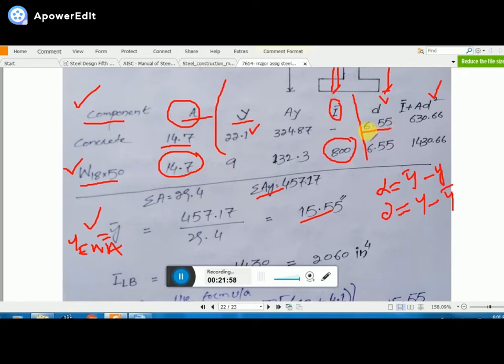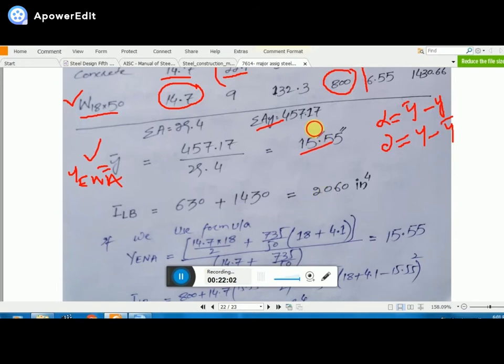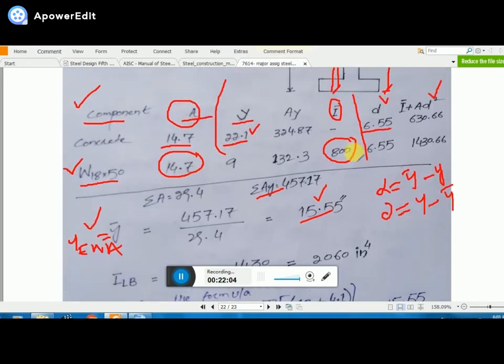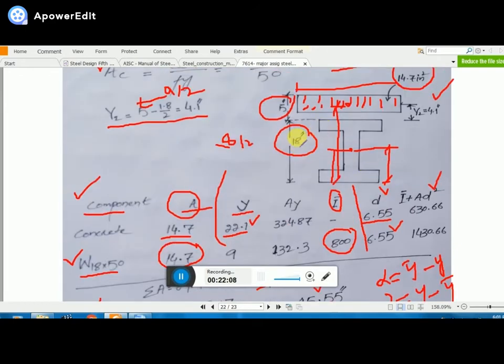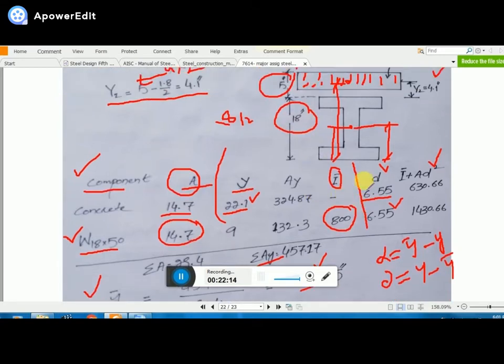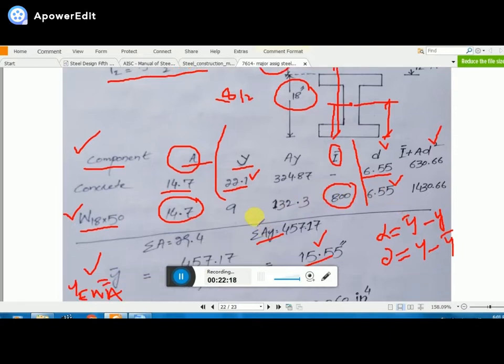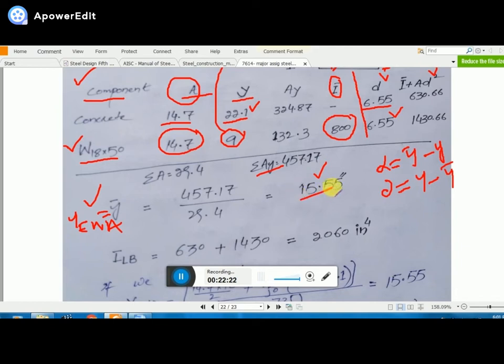So 6.55 is 22.1 minus this value. This is basically y minus y-bar. So this is your y and that is your y-bar.